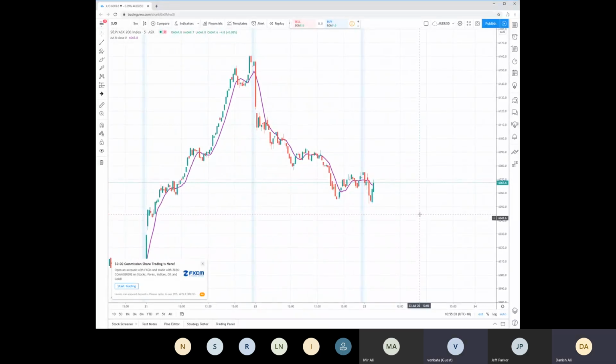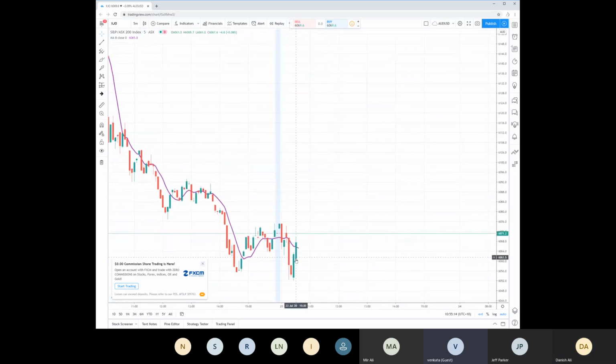So even as per this SMA, because the candles just started to go above the SMA, right? Yeah. So that indicates it's a buying entry, right? Yeah, and this is the entry point. This is the beginning of an uptrend now.